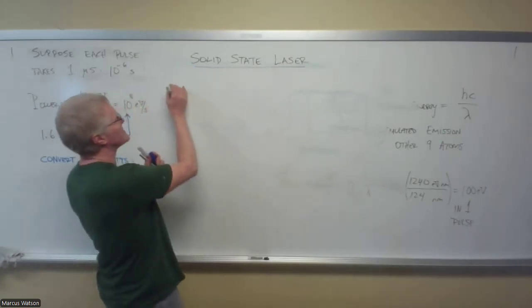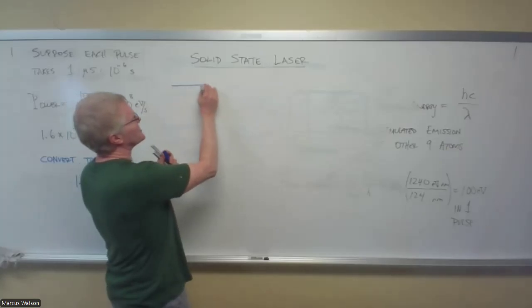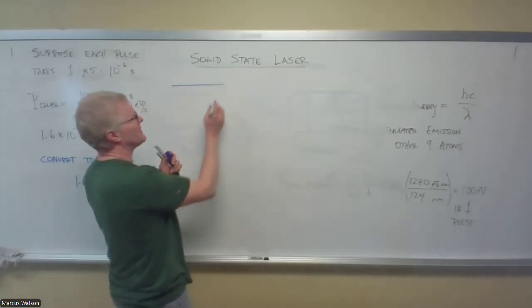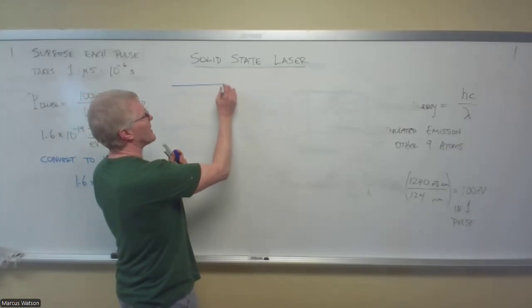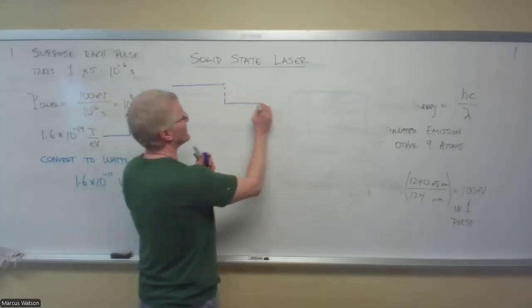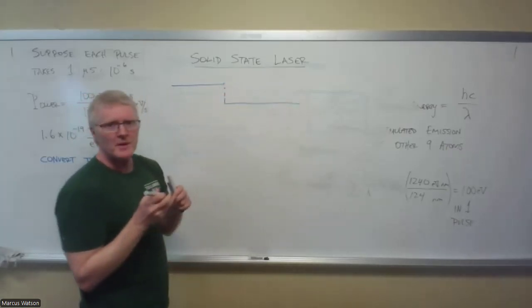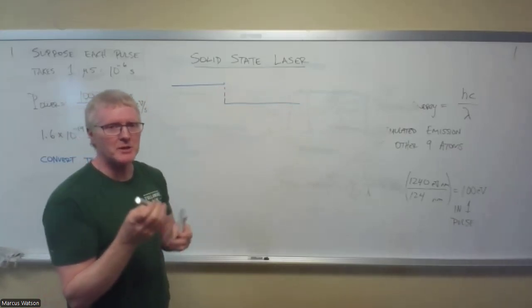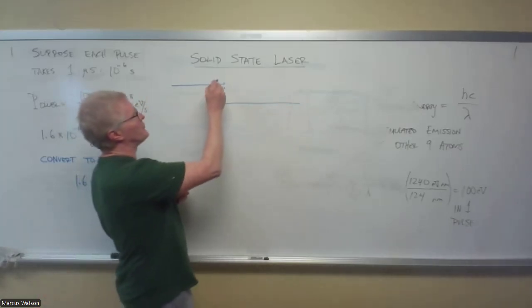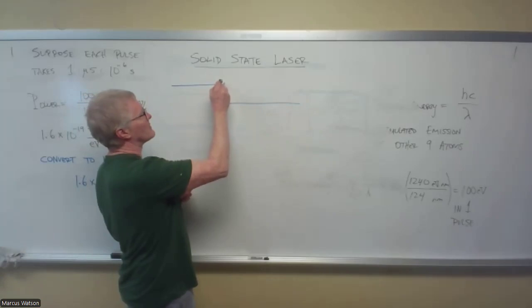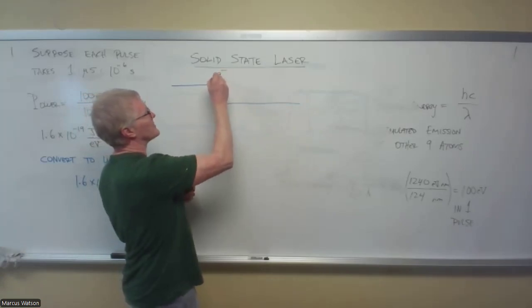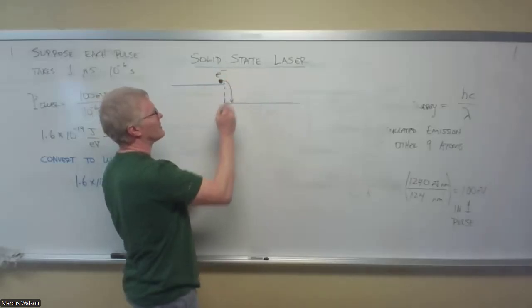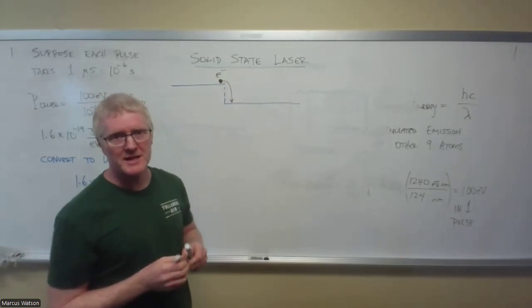And what happens is you get situations where you have a band which might look like this, and then another band which might start here and go like this. And so what happens is the electrons are able to fall. That's an electron right there. The electron is able to fall through this energy difference and emit a photon.